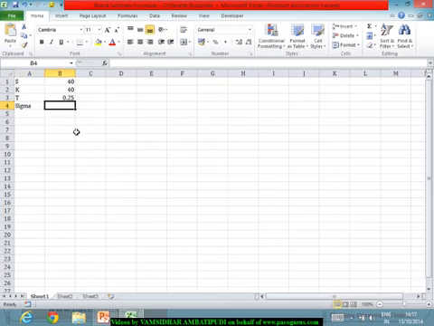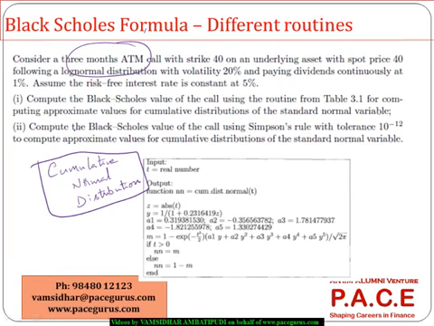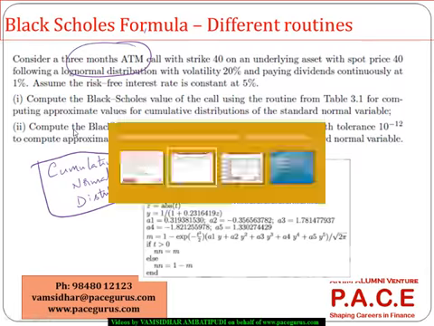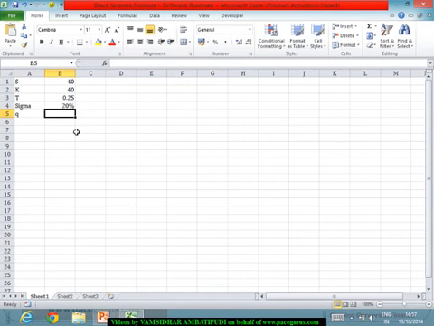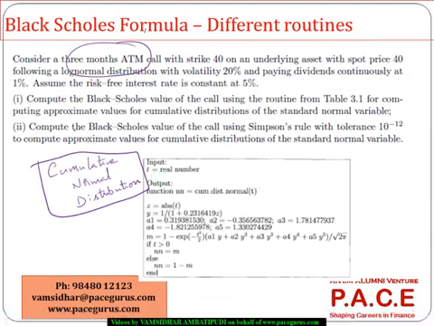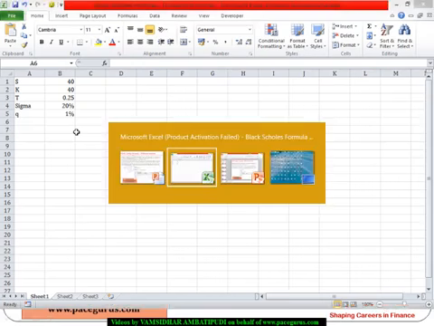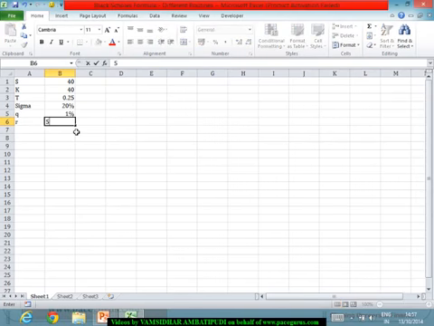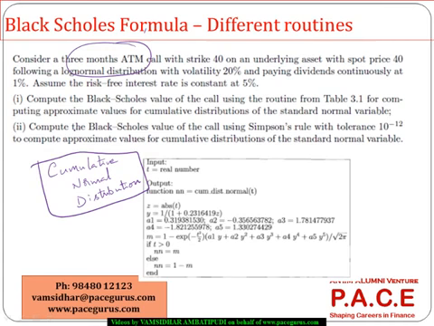The volatility sigma is being taken as 20%. It's paying dividend continuously at the rate of 1%. So I can take Q, which is a continuous rate of dividend, at 1%. And the risk-free rate of return, I'll take it at a constant 5%. Fair enough.